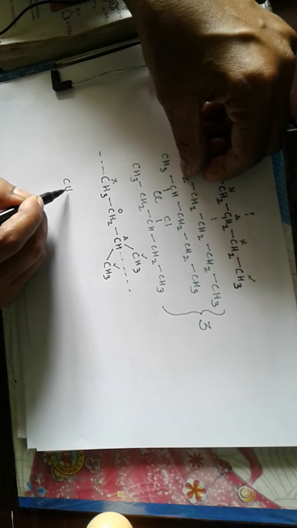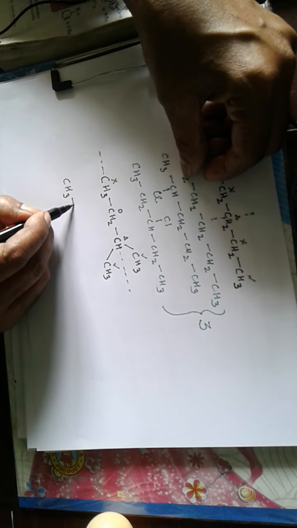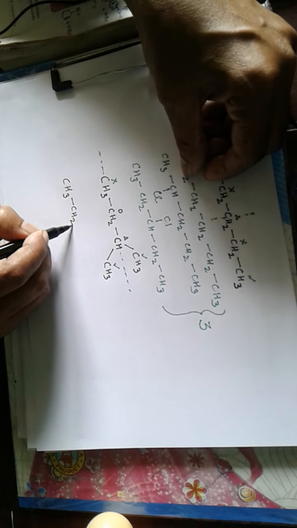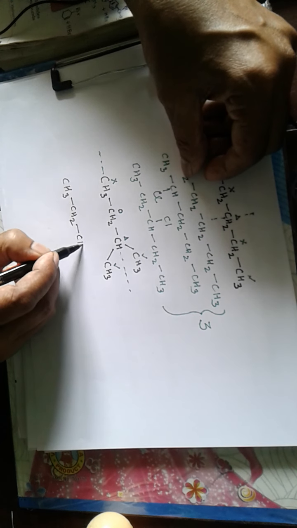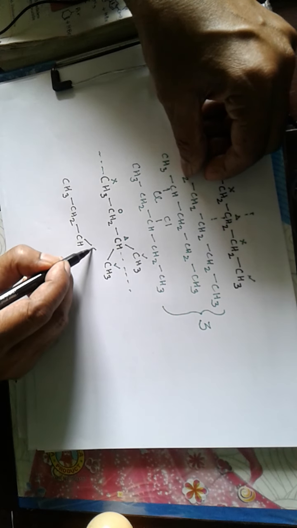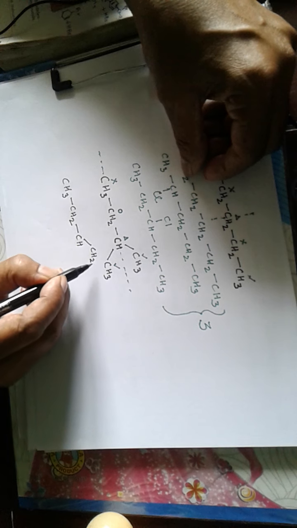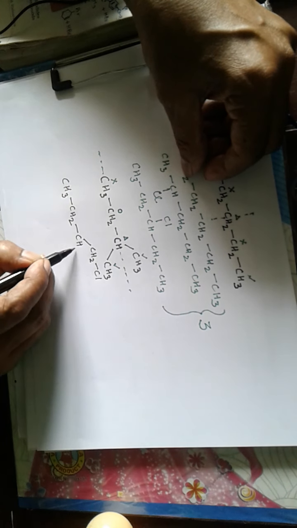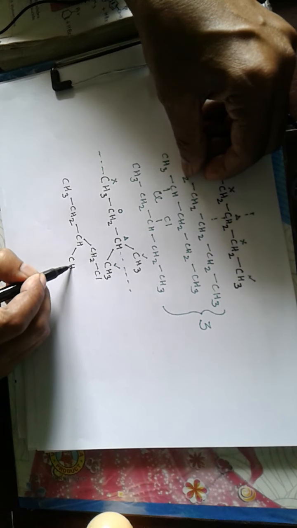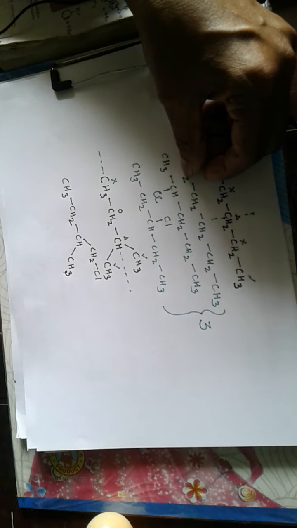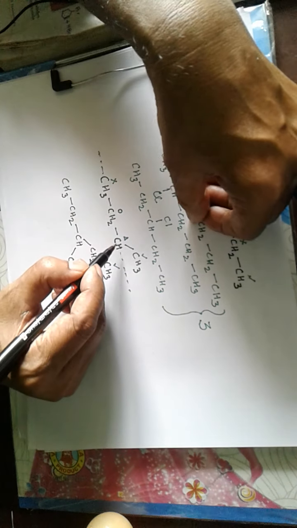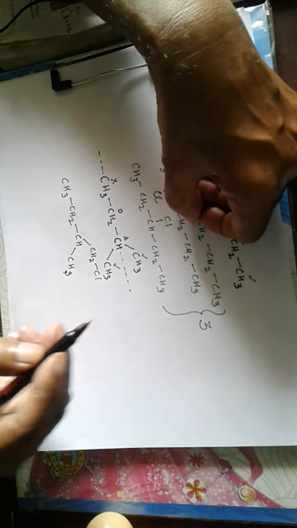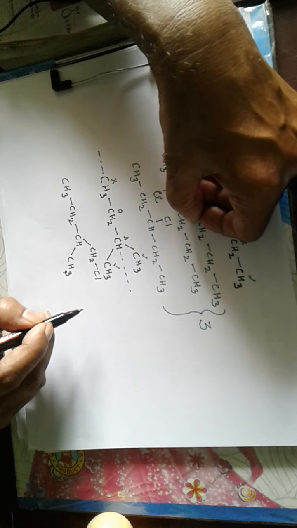So CH3, CH2, CH, CH2Cl and CH3. Now a second isomer is obtained by replacing the hydrogen here by chlorine.